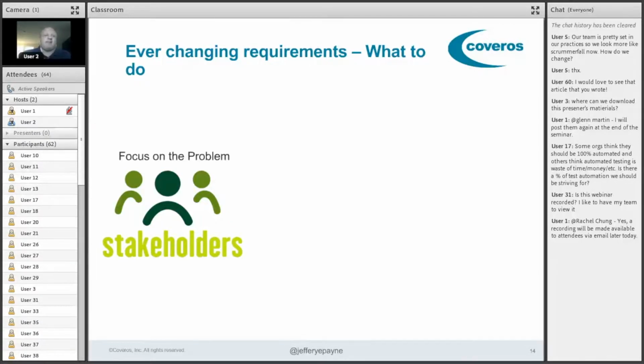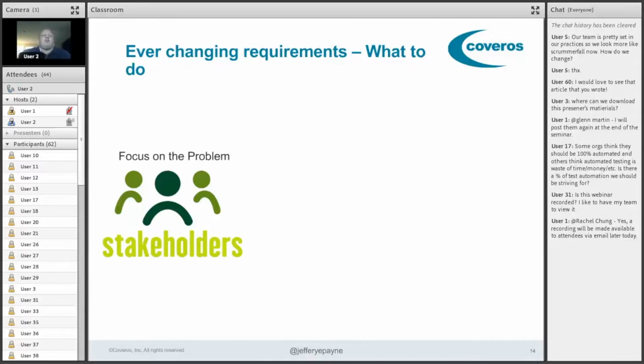A lot of times stakeholders and product owners spend a lot of time trying to figure out what is the solution, what are the stories, what are the requirements, what are we going to ask the team to build, when instead what they should be focusing in on is what is the problem we're trying to solve. Because a lot of times if you talk about the problem, the stakeholders can all agree on what the problem is that's most important.